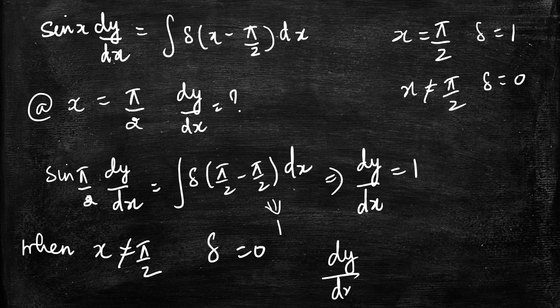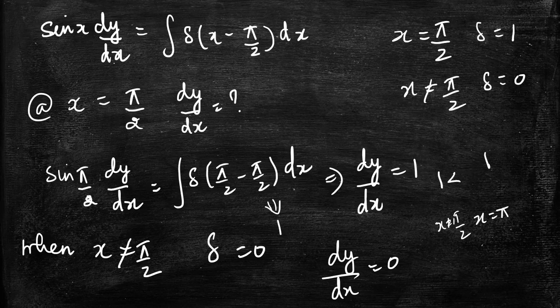Therefore, dy by dx will be 0. Okay, so our function, that is dy by dx, is not continuous. It is discontinuous. Continuous is basically like, if at x is equal to pi it is 1, and at x is equal to pi by 2 this is 1, we know the function is continuous.